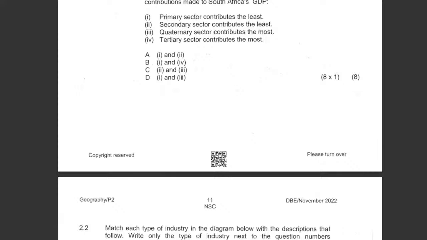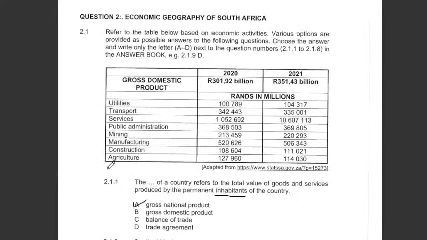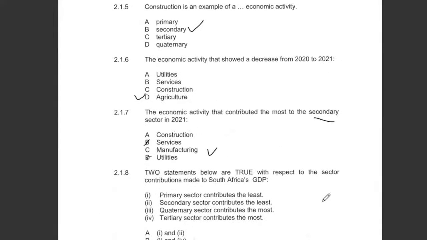So we check here. 2021, it's this column. This is 114. This is 505 or 6. So which one contributed most, manufacturing or construction? Automatically it's manufacturing. Okay? Yes.